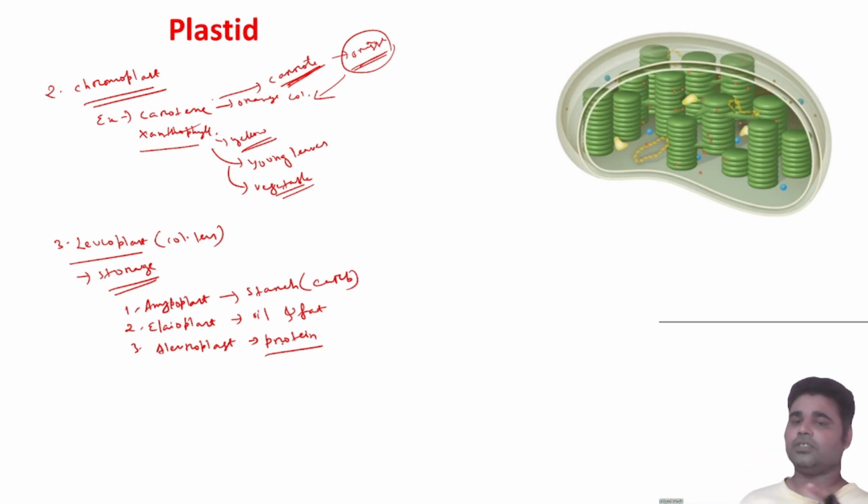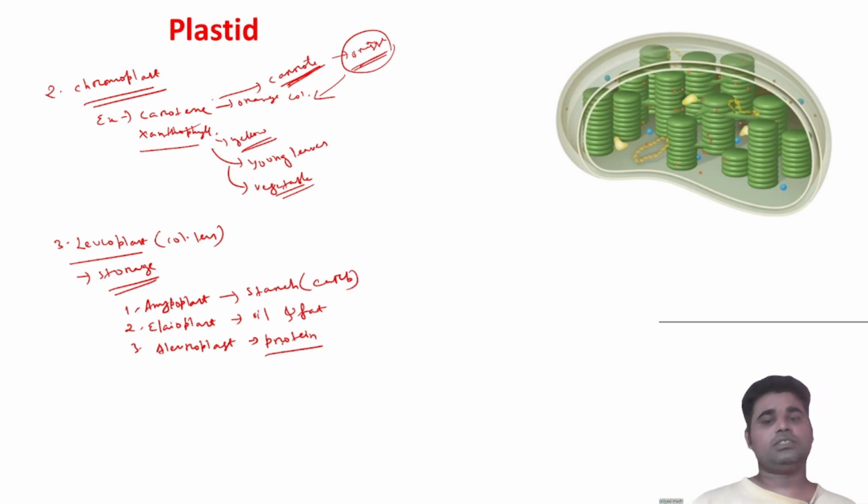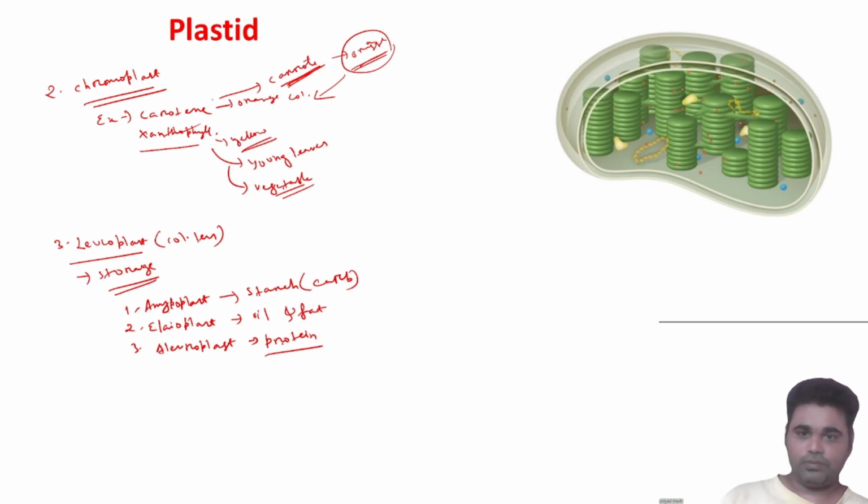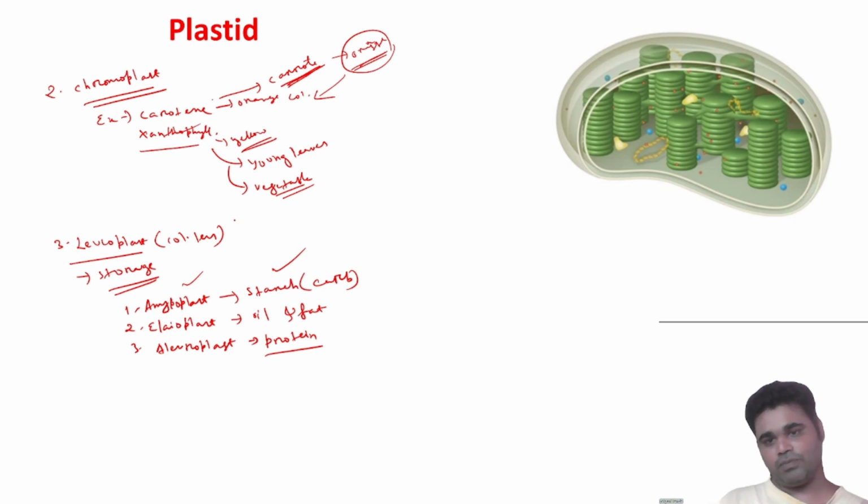So different types of leucoplast are present, which store different types of molecules. Some contain starch, called amyloplast. Some store oil and fat, called elaioplast. And some contain protein, called aleuroplast.